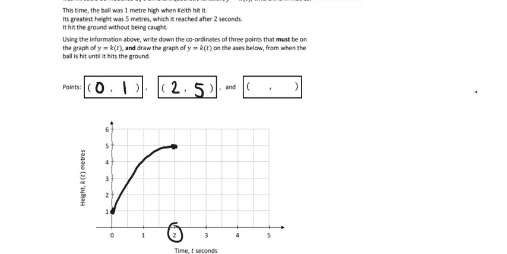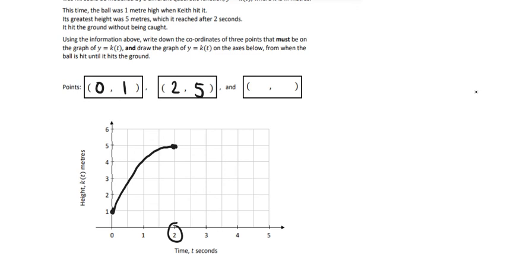What has to happen really, by symmetry of any kind of ball going up in the air and coming down, is that it has to go up the same way it comes down. So it has to be two more. It's gone two across here and it's gone up four.